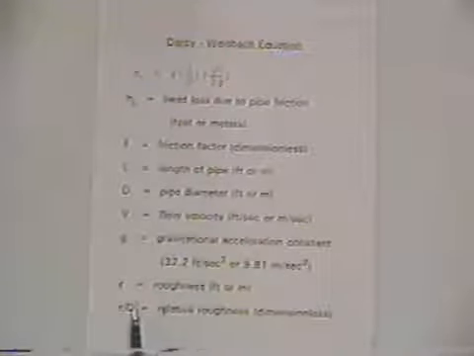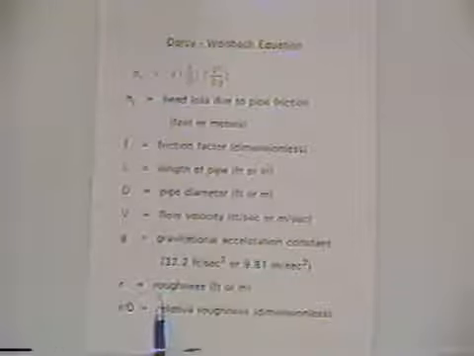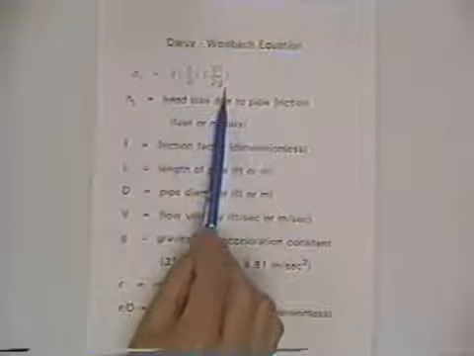So head losses are a function of both the pipe characteristics and the flow characteristics, and the way we're going to characterize the pipe is there's an epsilon, which is a function of the type of pipe, and that's the absolute roughness, and then the relative roughness is epsilon over D. And so we want to be able to apply this Darcy-Weisbach equation, so the key term here is to be able to estimate the friction factor f. So we've got to focus our attention on this f here for a moment.